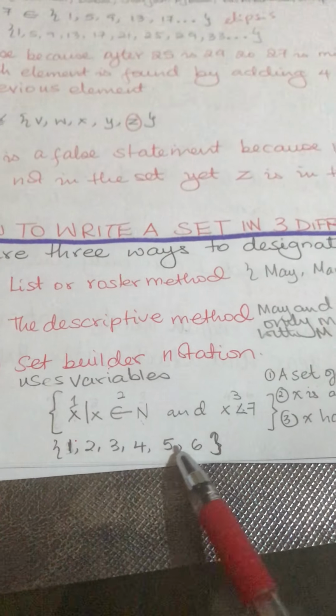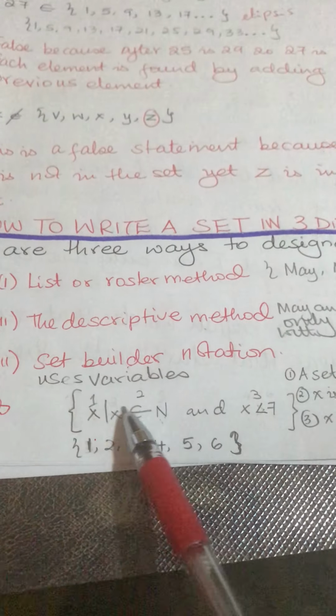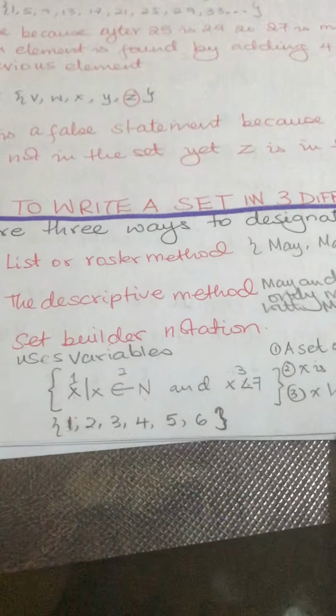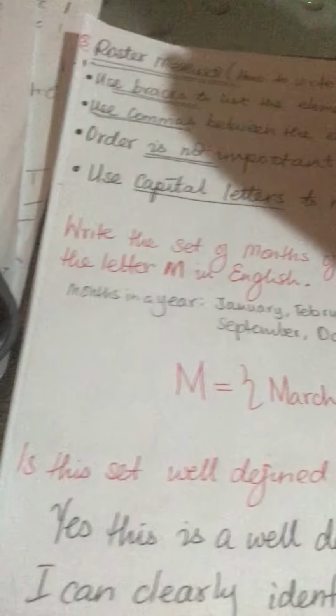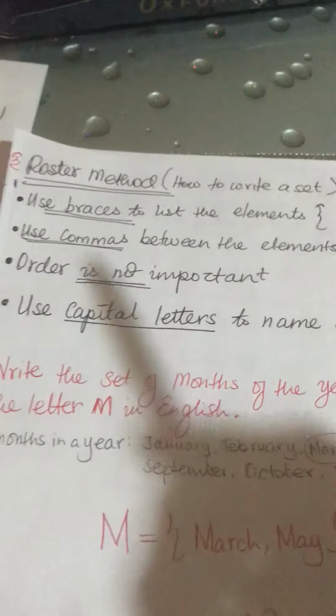And which natural numbers are less than 7? These ones. So here is the set builder notation. Here is the answer. Okay. All right. So here is the roster method.